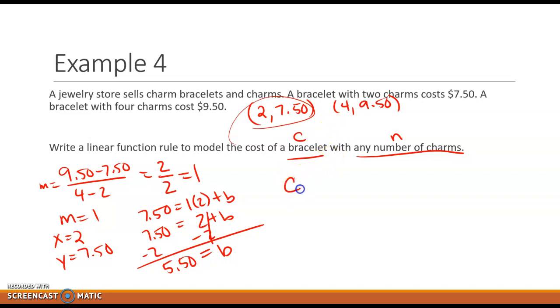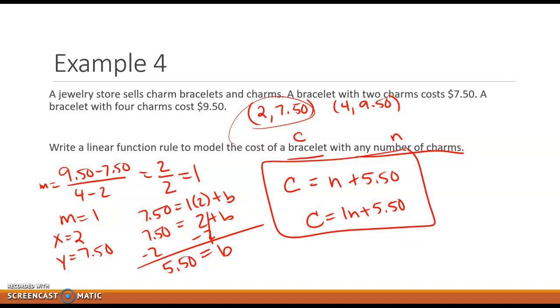So our cost is going to be 1 n, or just n, plus $5.50. The other way we could write that is C equals 1n plus 5.50.